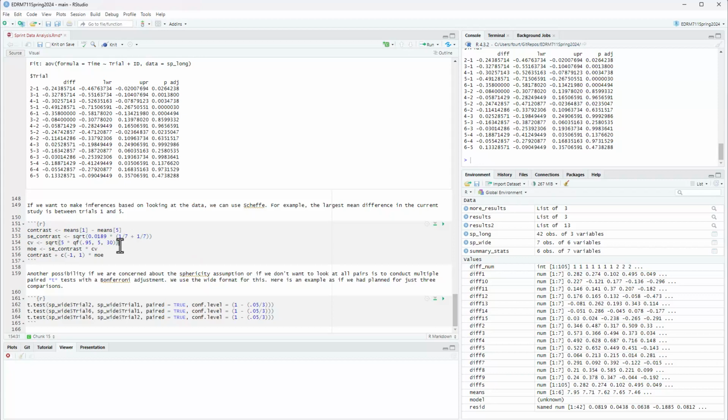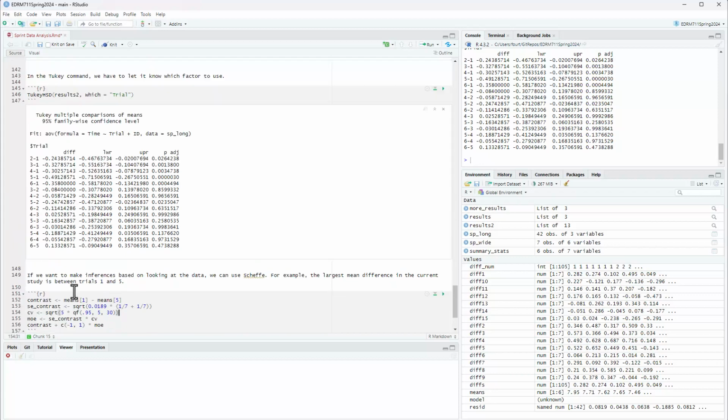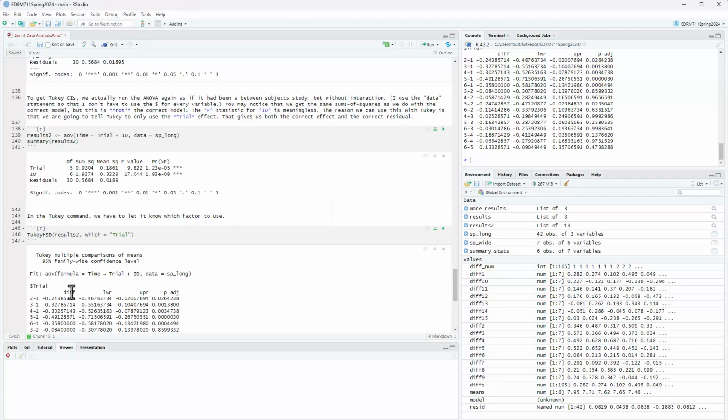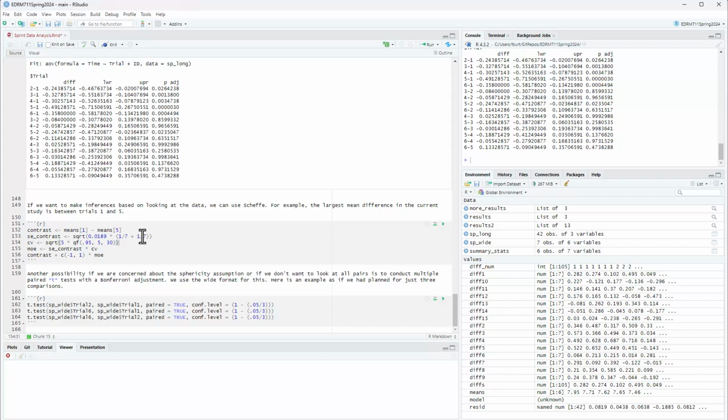For Scheffé's critical value, we take the degrees of freedom in the numerator of the F we're interested in, and that is this one, that is trial. So the degrees of freedom for trial is 5. The degrees of freedom for residual is 30. So I take the numerator, 5, times getting a quantile on the F distribution out at 0.95 with, again, 5 and 30 degrees of freedom.